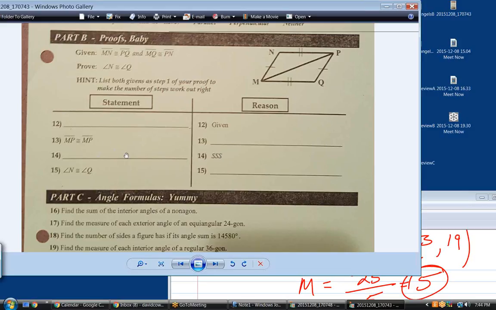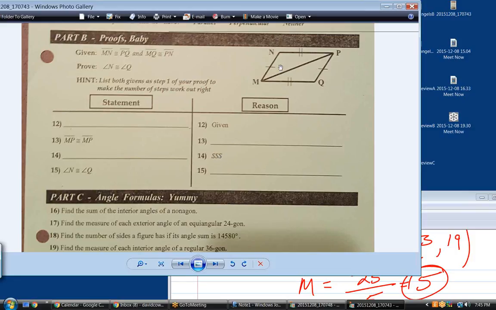What's this statement going to be? Triangle MNP congruent to triangle PQM? Yes. In other words, whenever you see these 3 letters, SSS or SAS or ASA, it's always a postulate proving congruency.